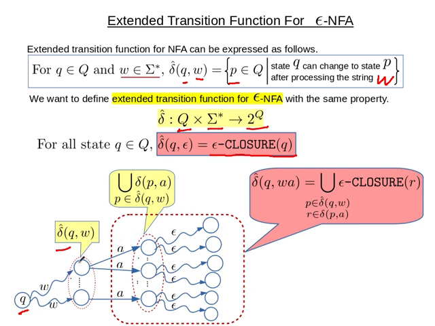So if say this is P, then this will be delta of P A, right? There is no hat here, because this is just one transition. Since it's just a single step transition, there is no hat here. So this will be just delta P A, right?